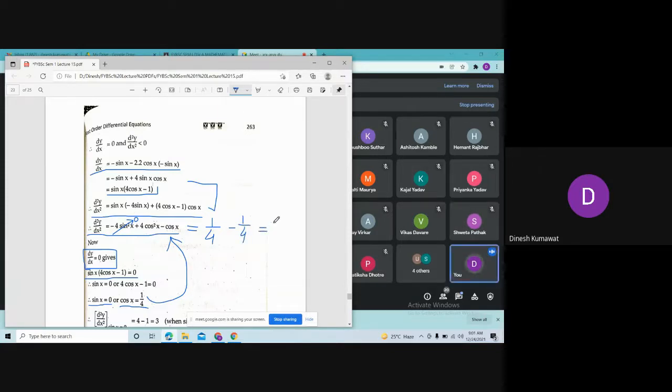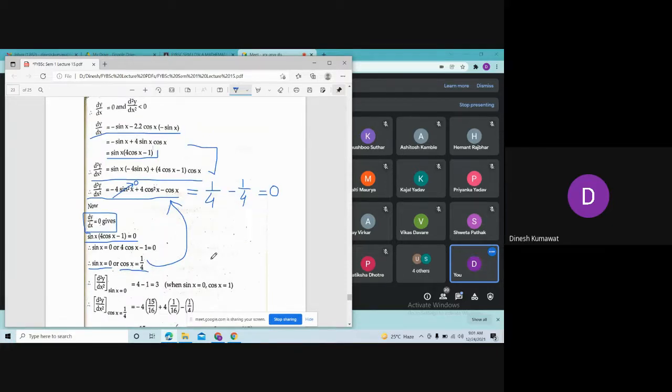Which means what? We are getting double derivative is exactly equals to 0. See here the test fails. We can't conclude anything, right? When double derivative becomes 0. So I think कहीं पर तो mistake हुआ है.